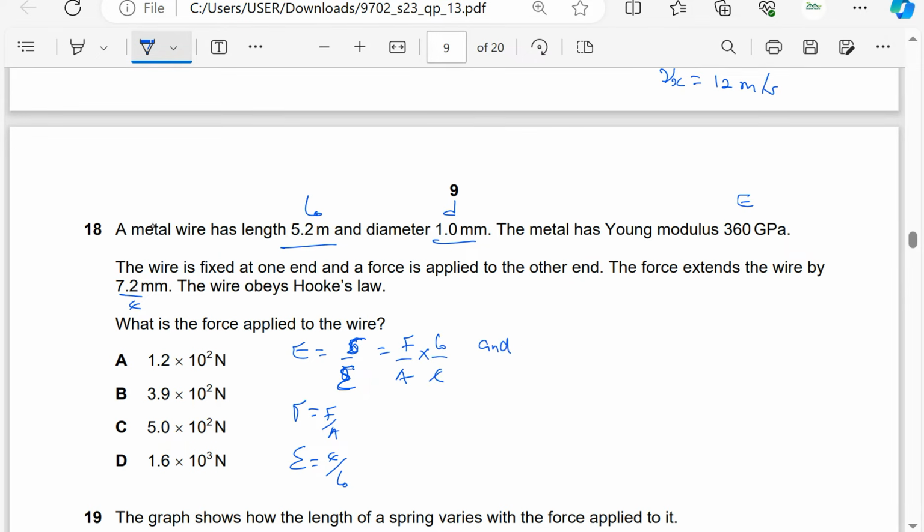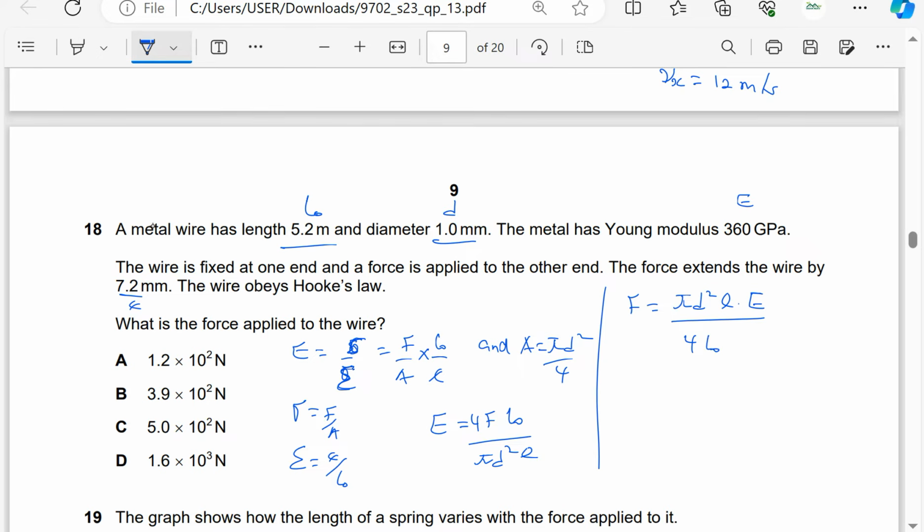And remember that cross-sectional area is going to be pi d squared divided by 4. So the Young modulus E is going to be force times L naught, the 4 goes up, divided by pi d squared times the extension e. So I make F the subject. F is going to be pi d squared E times e, divided by 4 L naught.